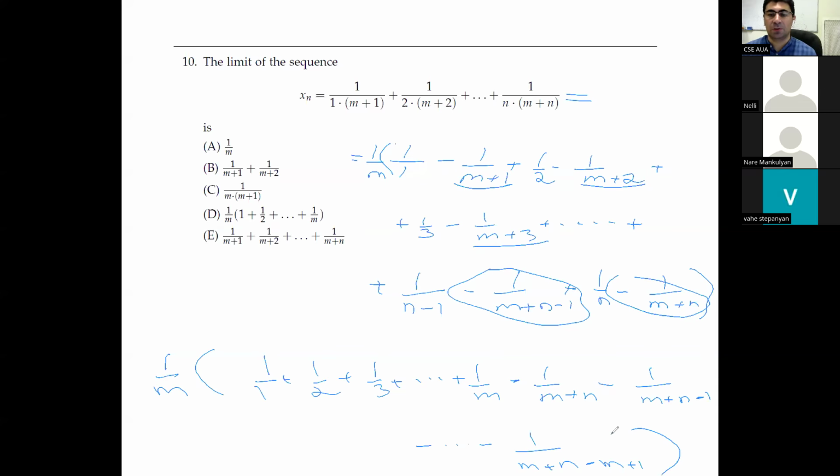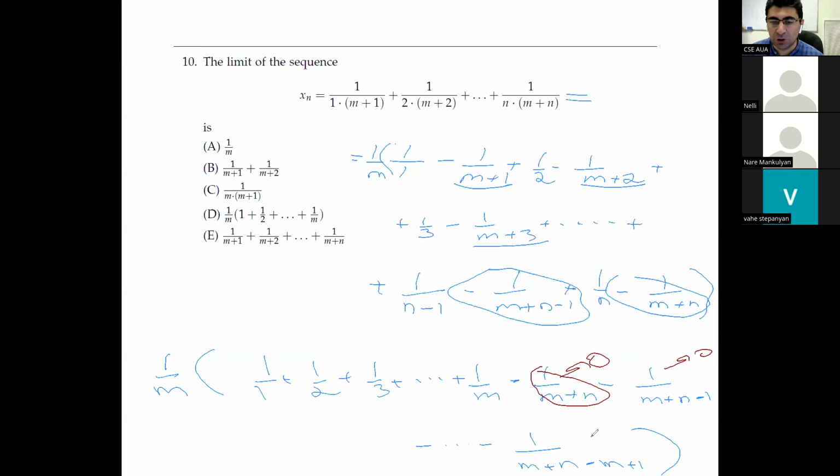Now, when we have n tending to infinity, what's going on? When n tends to infinity, guys, we have n written here. What is the limit of this one? 0. It tends to 0.